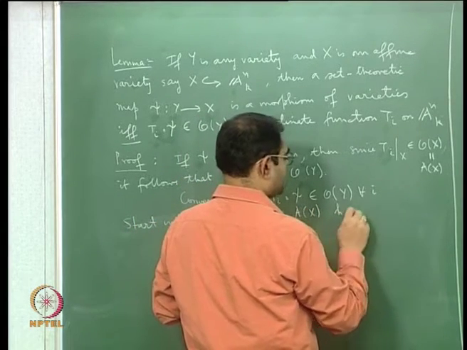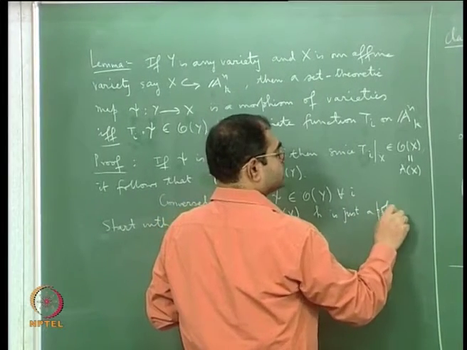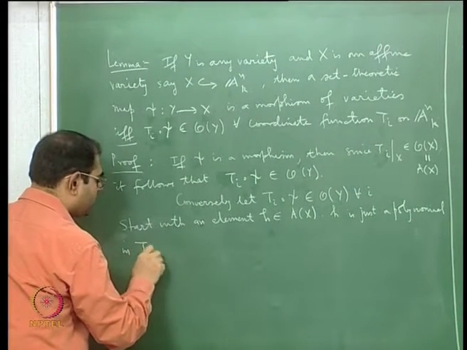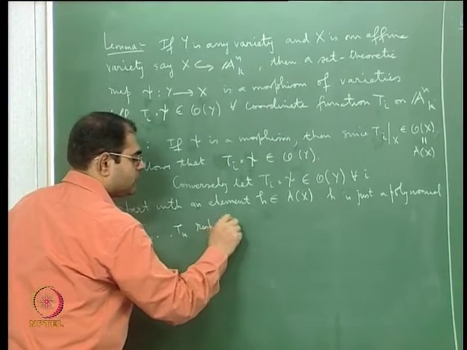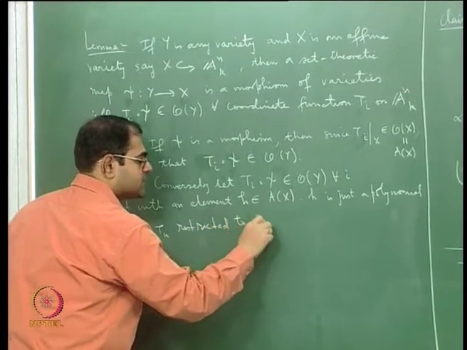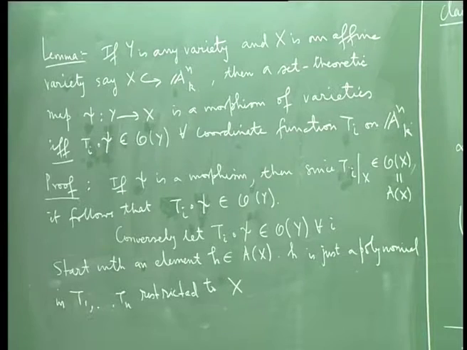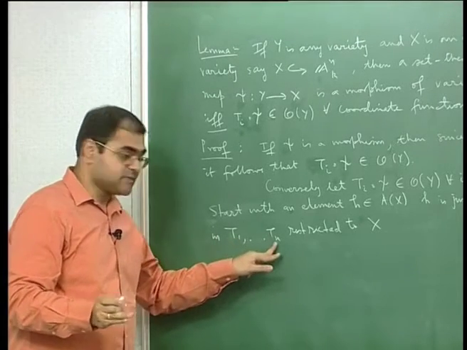H is just a polynomial in T1 through Tn restricted to X. This is what it means, because X is an affine variety in A^n, and the ambient affine space A^n in which X sits is supposed to have these as coordinates.